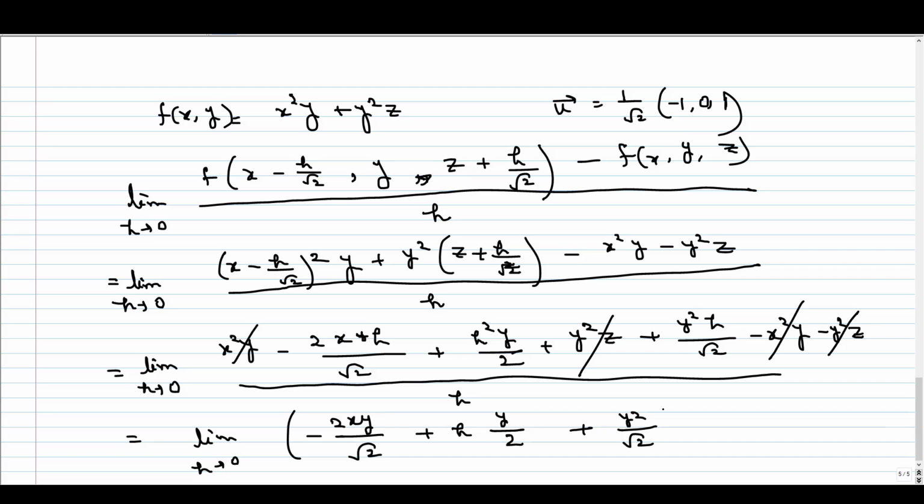Again in this term h got cancelled out. So there is only one term where h is there, and as h tends to 0, this term will go to 0, and the remaining terms are independent of h, so those will remain as they are. So what I get is minus 2xy by root 2 plus y square by root 2. So this is the directional derivative along the vector which we wanted to calculate.